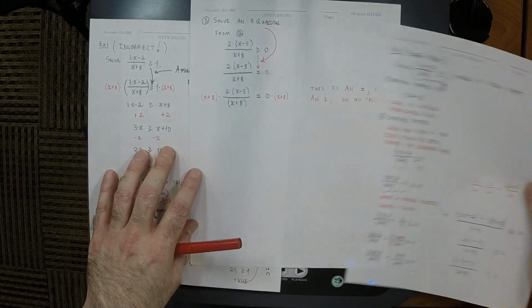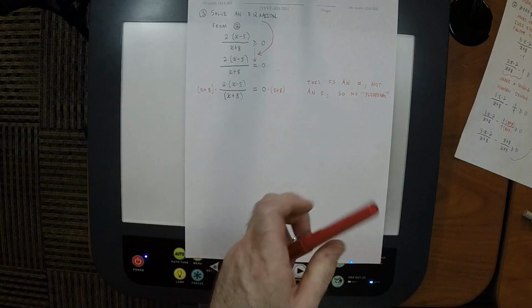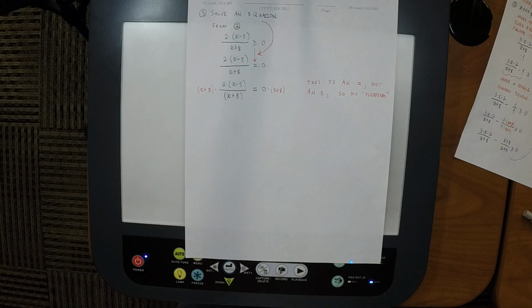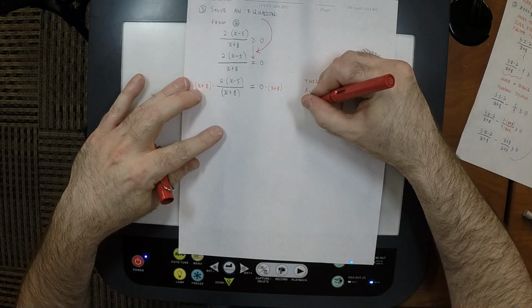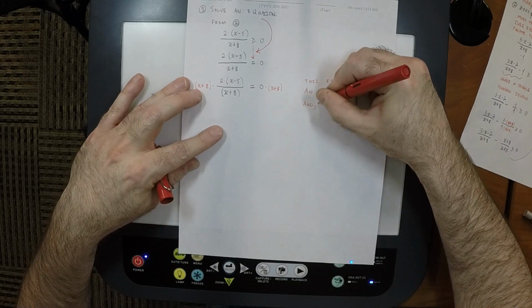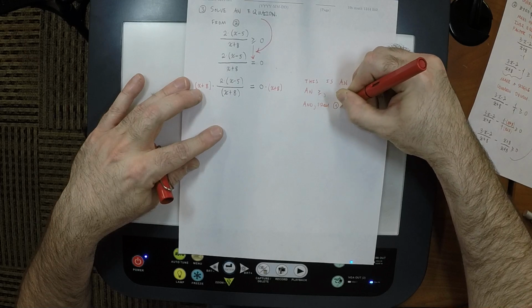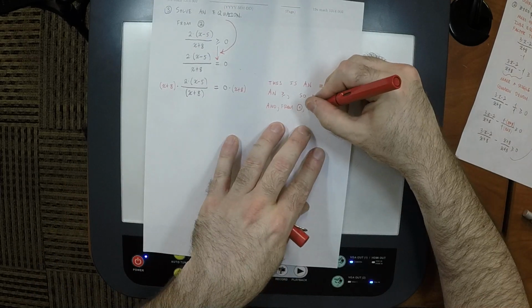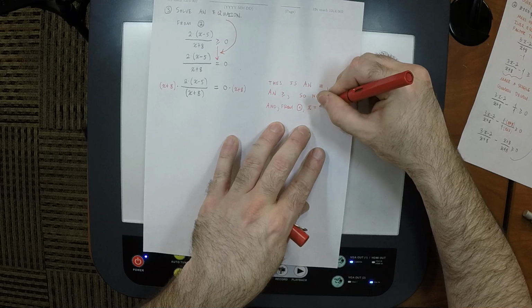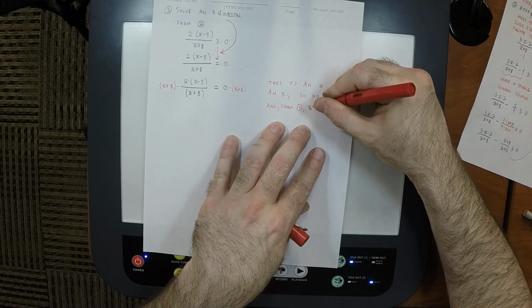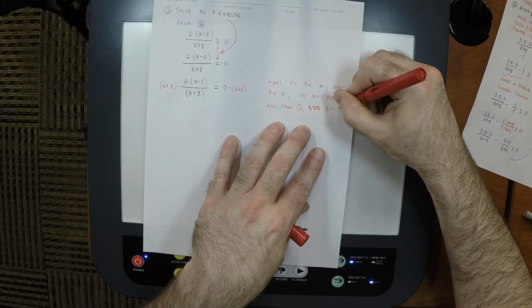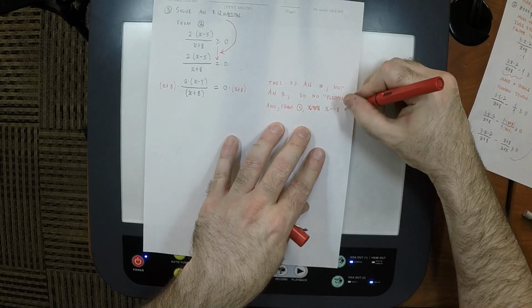All right. And from step 1, x equal to negative 8 is not in the natural domain.